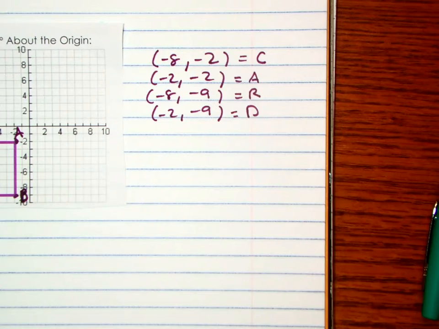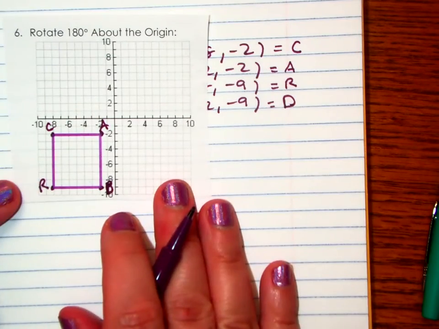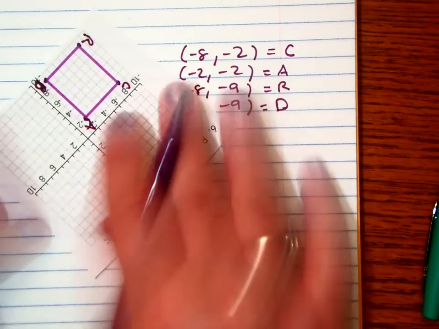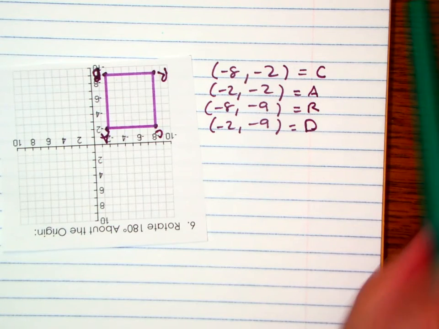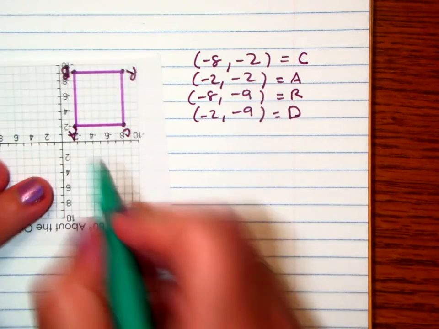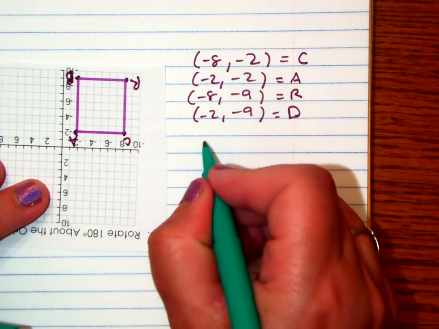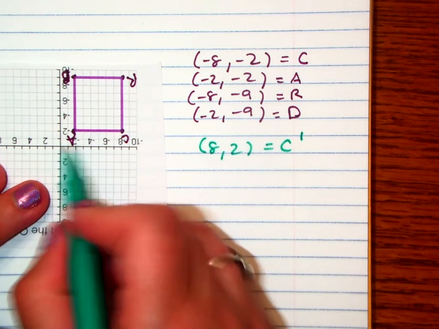There we go. All right, so then we're going to turn it. Now I'm going to turn it 180 degrees. My new coordinates are going to be: my C prime will be at positive 8, positive 2. A prime would be 2, 2.